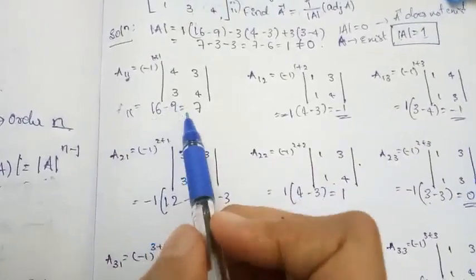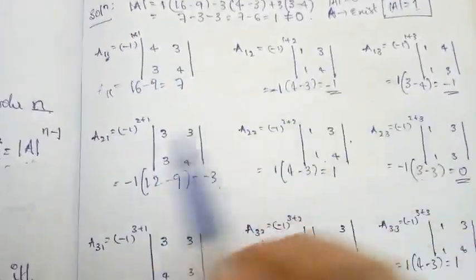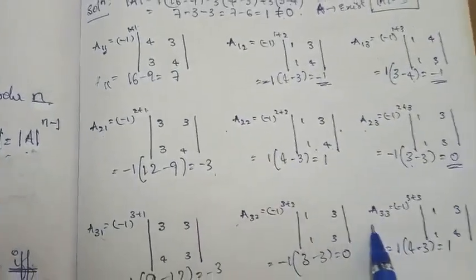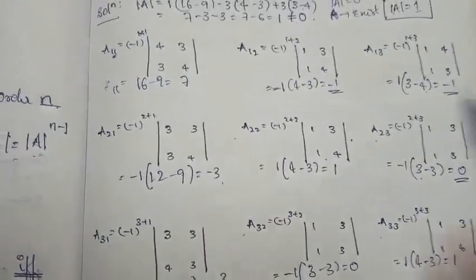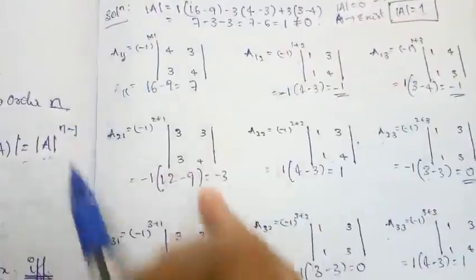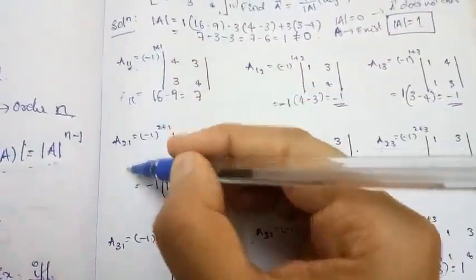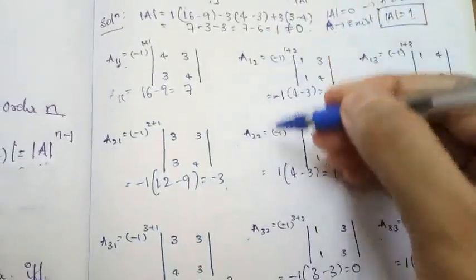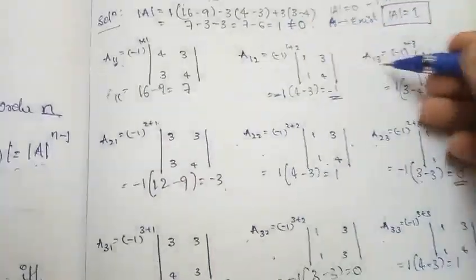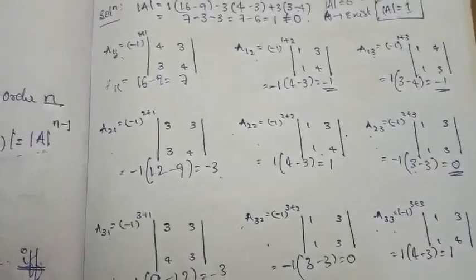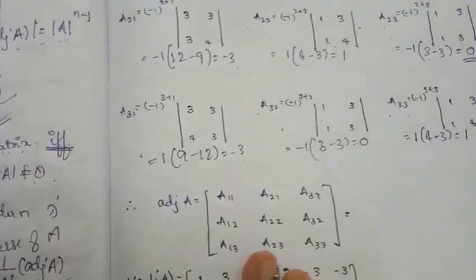Now you got the elements A11, A12, A13, A21, A22, A23, A31, A32, A33. If possible, try to write the cofactors in this manner itself, because you will not get confused while writing the adjoint of a matrix.